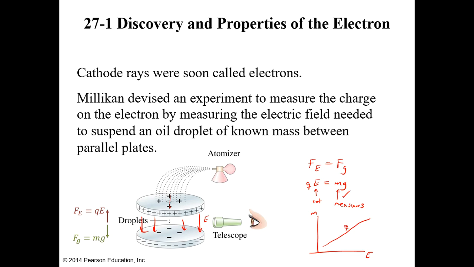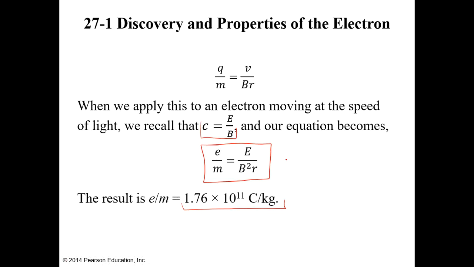However it was he found it, because of this experiment, he could easily find the charge of each oil droplet and thus determine, using this ratio here, the charge of one single electron, which is pretty cool.